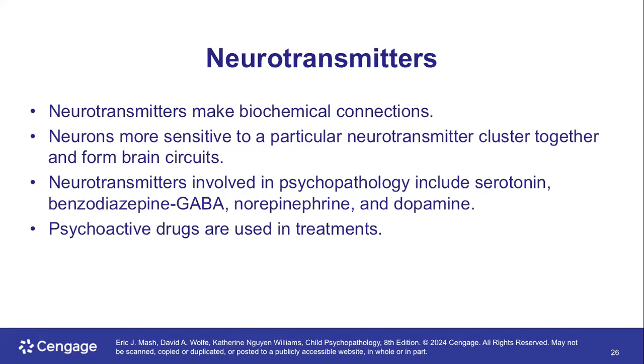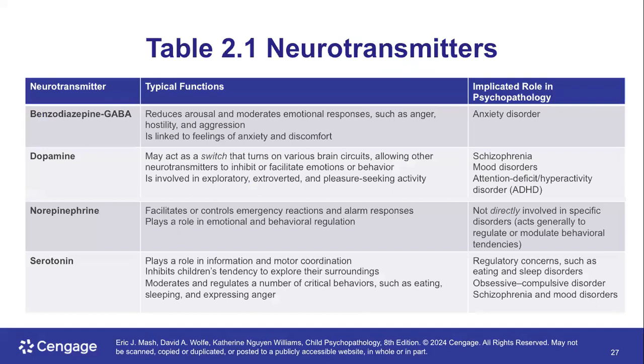One of the reasons we talk about this is because pharmaceutical drugs oftentimes harness these 4 neurotransmitters to either elevate or reduce their levels as a way of altering mental health disorders.